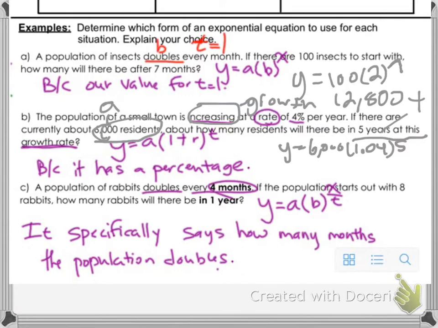Multiply that by 6,000. Gives me 7,299 people.